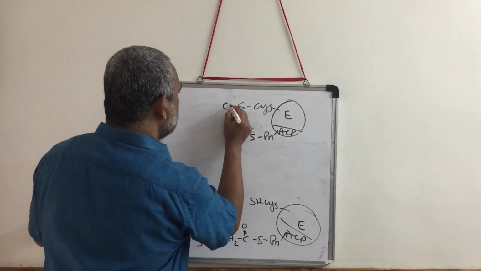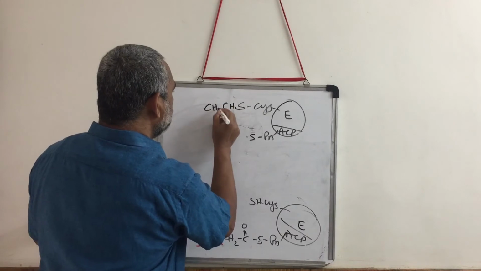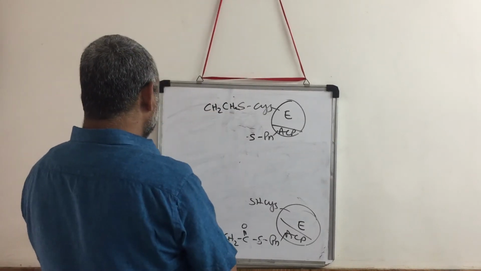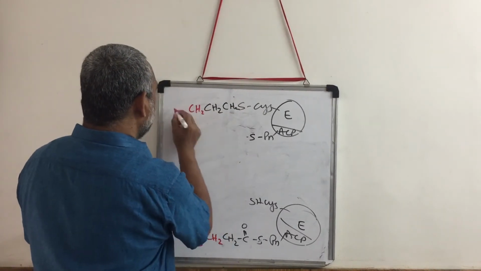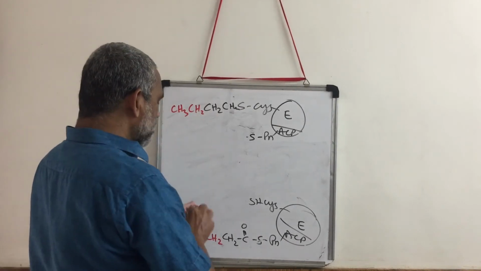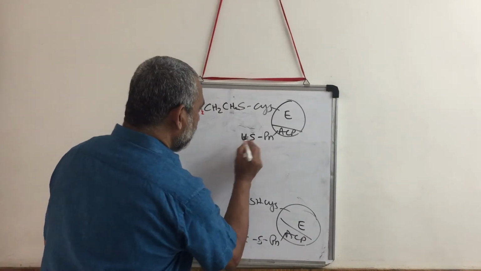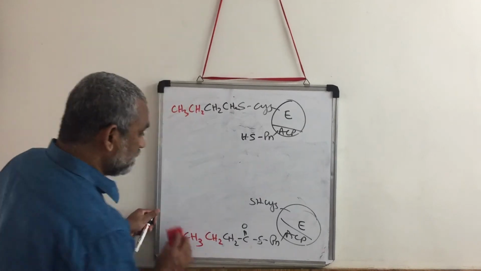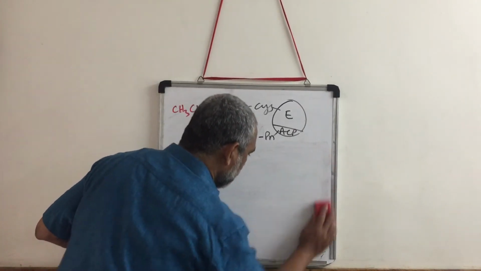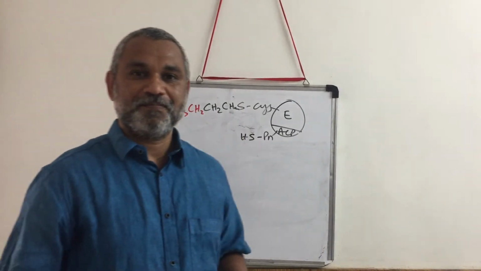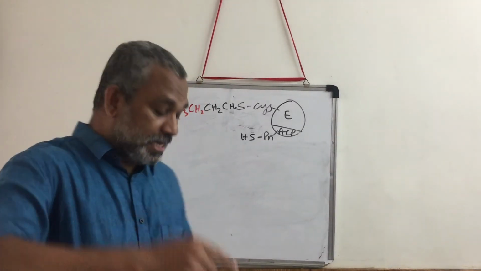So CH2, CH2, this will be CH2 and CH3. So this position is free to accept another malonyl group. Now we are starting the second round.